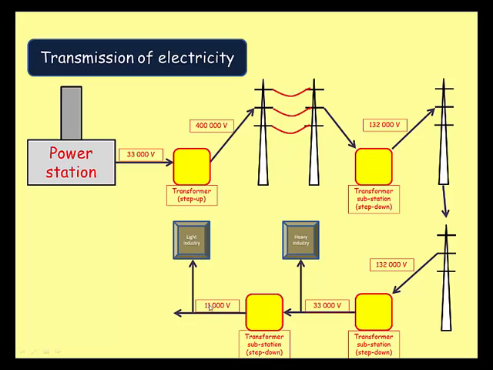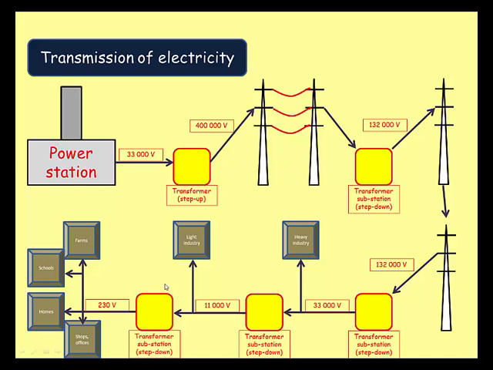Now 11,000 is far too much for use in homes and shops, so we'll also have substations near our homes. You probably see one if you walk not far from your home, a transformer substation. They're normally green, behind fences to keep you out, but in there the voltage is stepped down from 11,000 to 230 for use in farms, schools, homes, shops, offices.